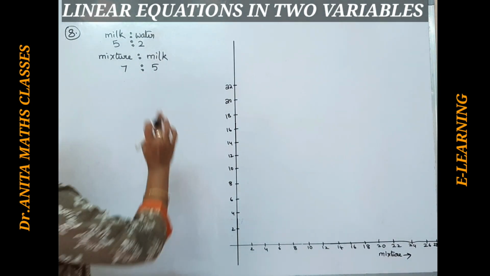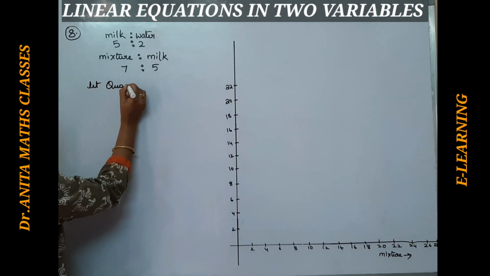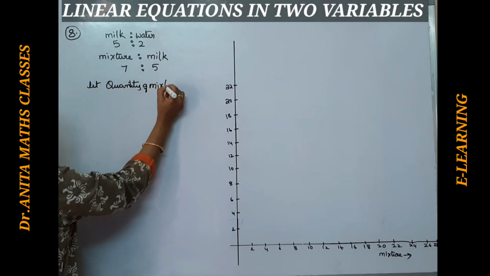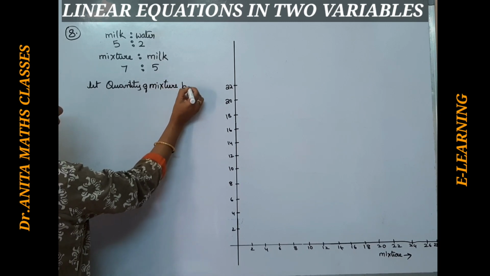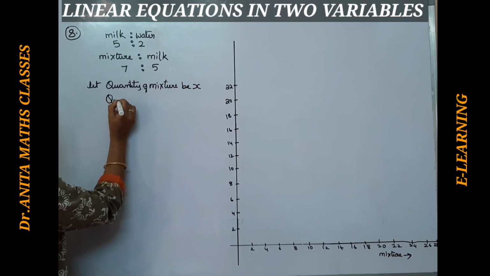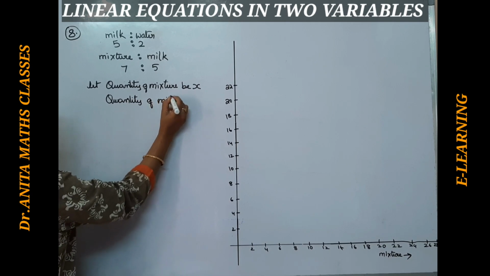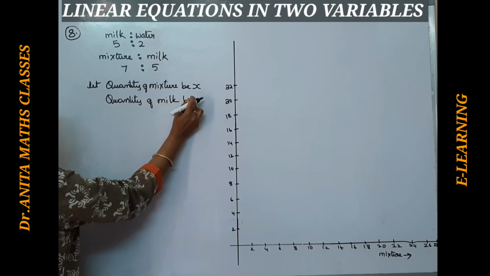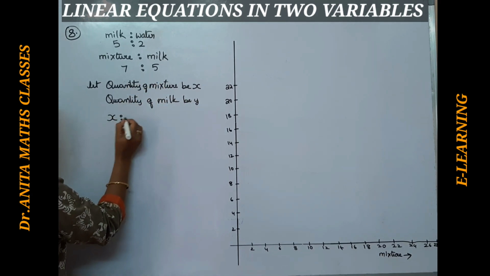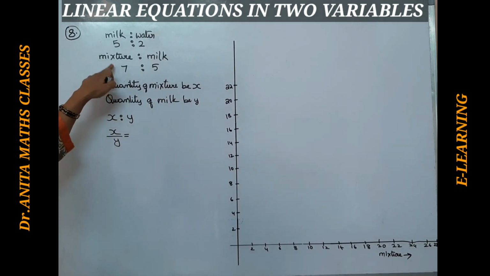Let us suppose the quantity of mixture be X liters, and the quantity of milk be Y. If you are taking mixture to milk, that is X by Y. X is the mixture, isn't it?